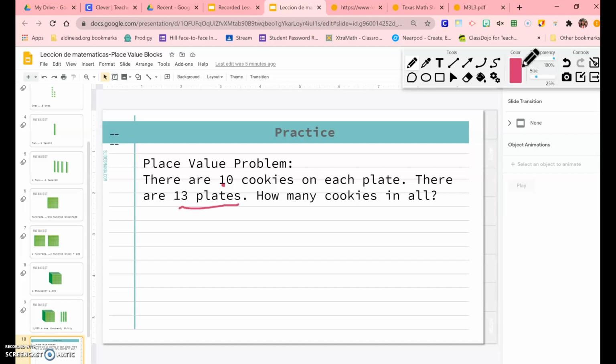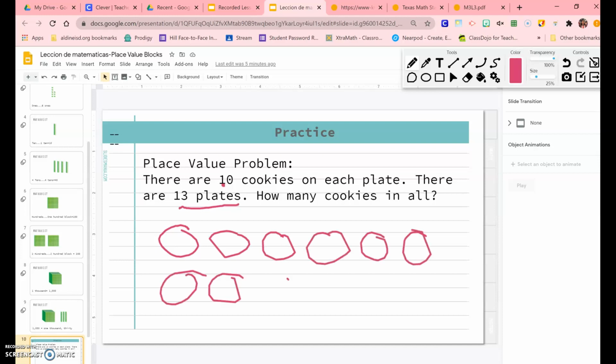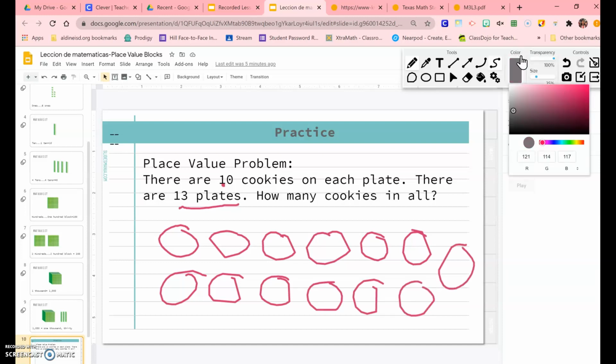So I'm going to draw my 13 plates first. 1, 2, 3, 4, 5, 6, 7, 8, 9, 10, 11, 12, 13. But each plate has 10 cookies. So 10 here, 10, 10, 10 cookies, 10 cookies, 10 cookies. Well, I could draw them 1, 2, 3, 4, 5, 6, 7, 8, 9, 10, like chocolate chips.